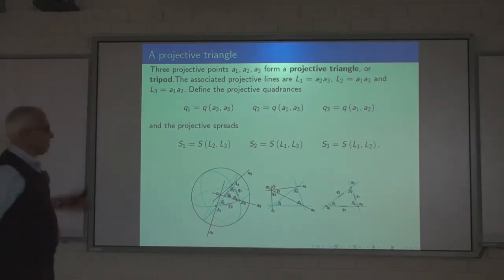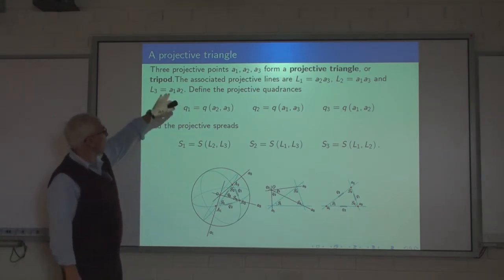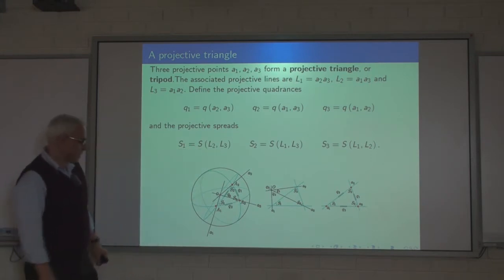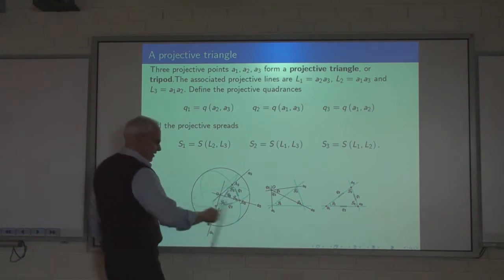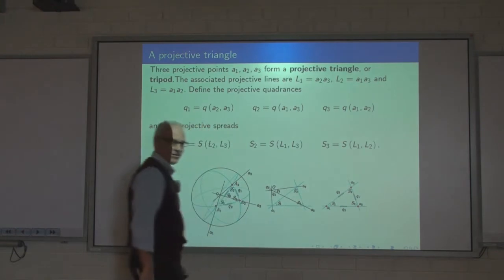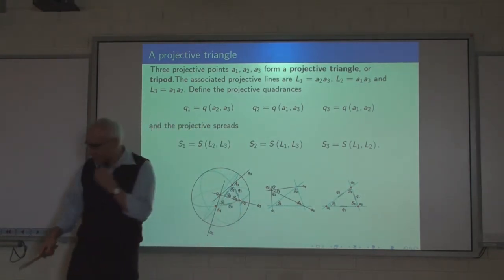And so here's our notation. The notation is kind of opposite to the planar one, so I'm going to use small a1, a2 for points and capital L's for lines. The 3 points now are a1, a2, a3, which we're going to visualize just as points, and the 3 lines are the planes determined by them.